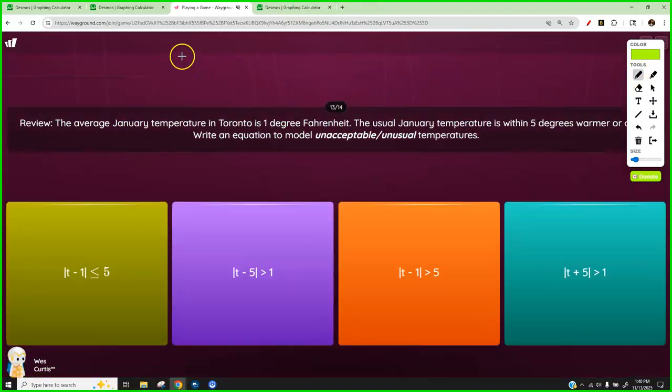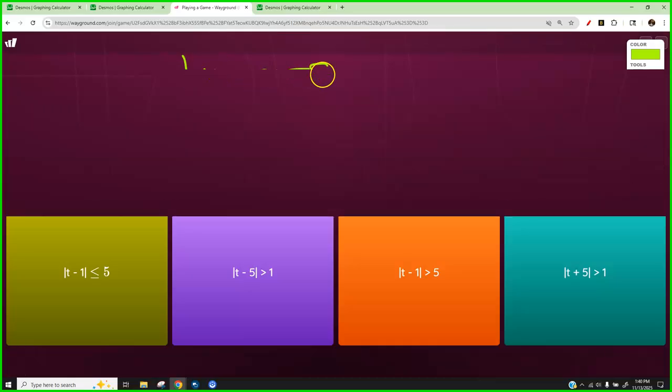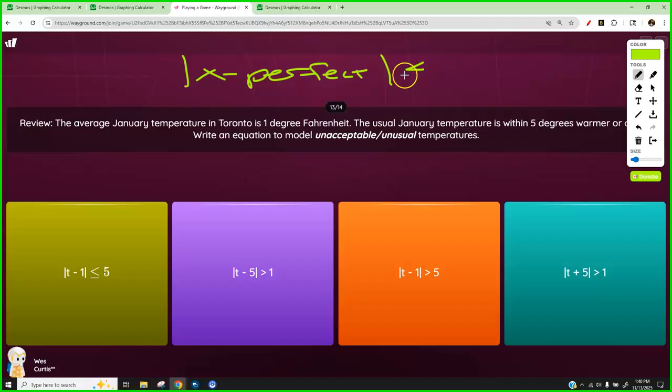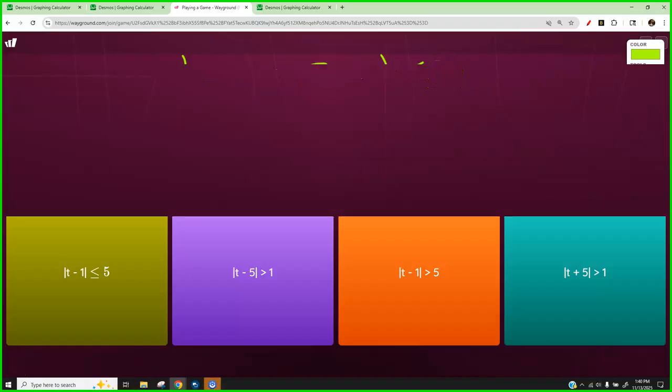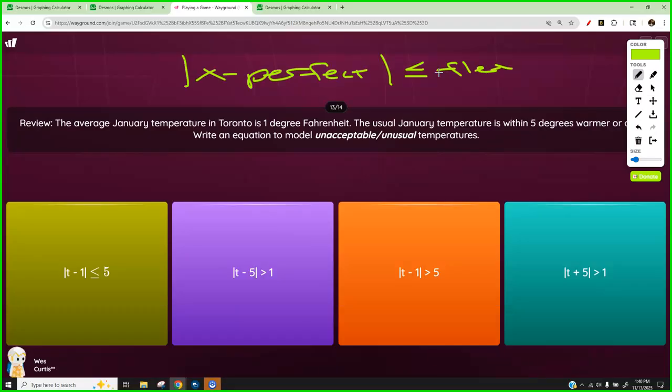Remember the setup back in Unit 2, it's always x minus the perfect number or the goal. And for acceptable numbers, you always got to be off by less than or equal to the flexible amount. So the average January temperature in Toronto is 1 degree. That would be the perfect amount. And the usual January temperature is within 5.